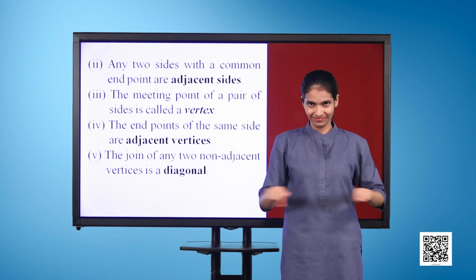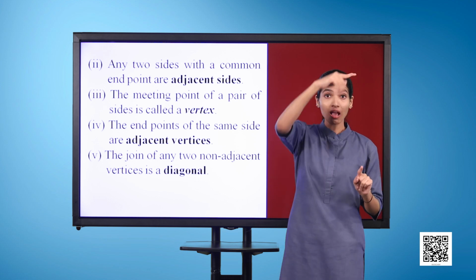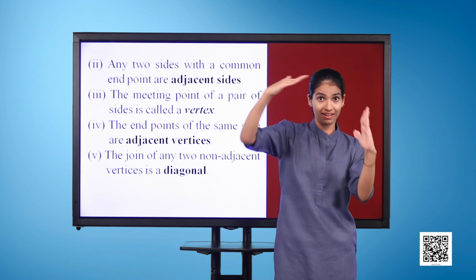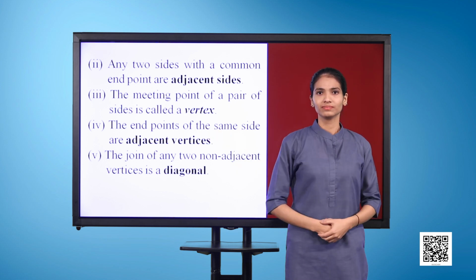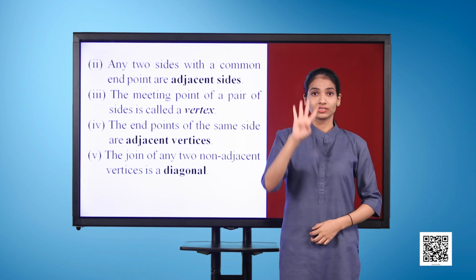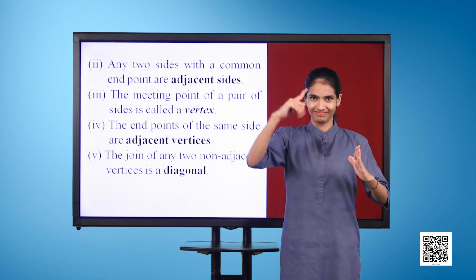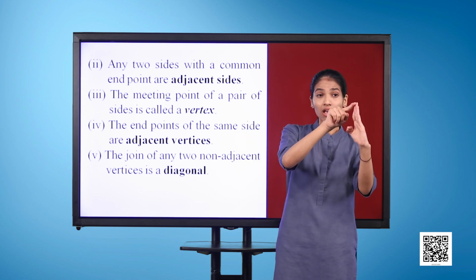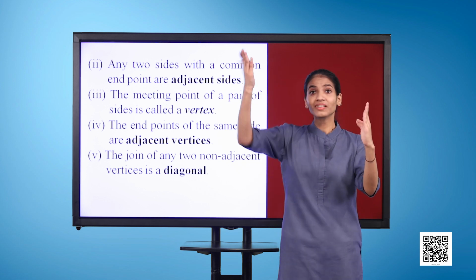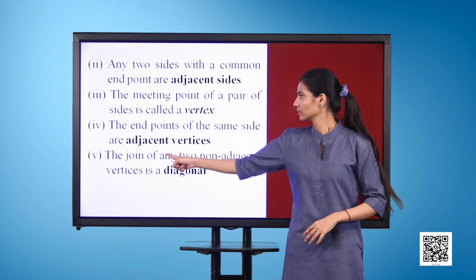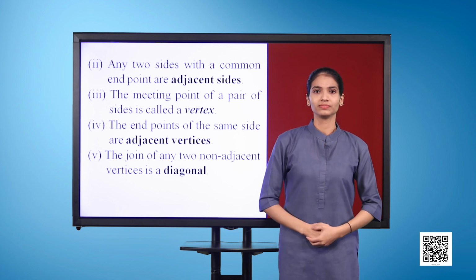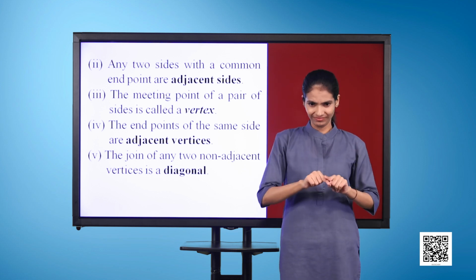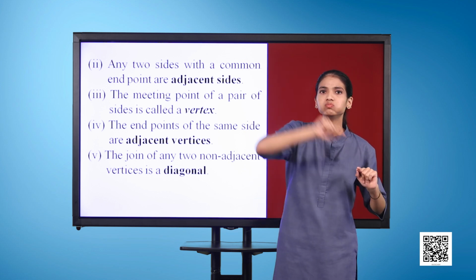The meeting point of a pair of sides is called a vertex. 4. The end points of the same side are adjacent vertices. 5. The join of any 2 non-adjacent vertices is a diagonal.